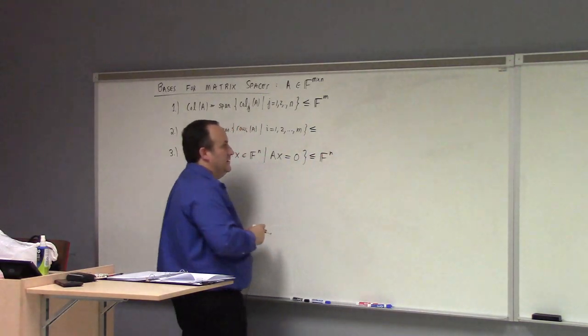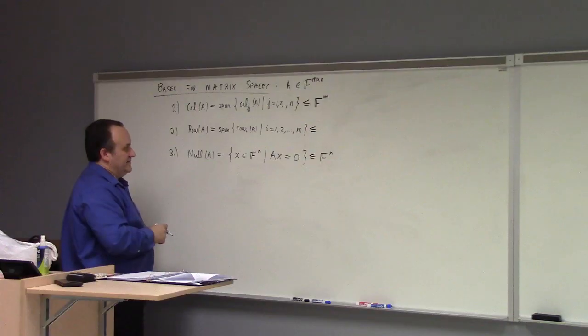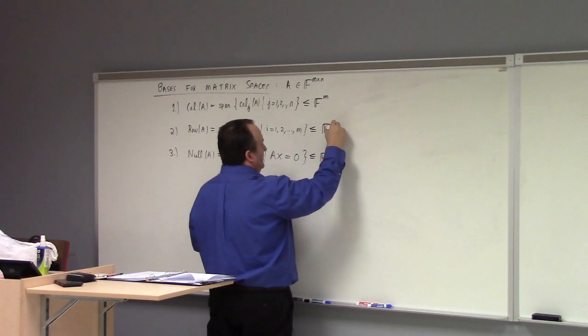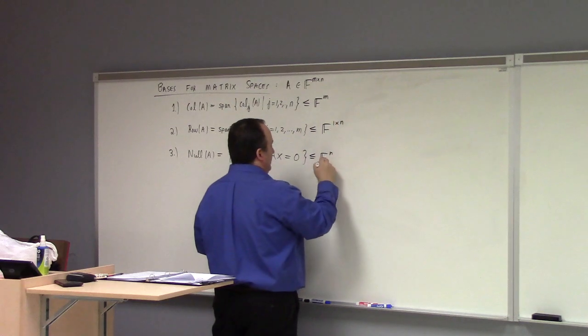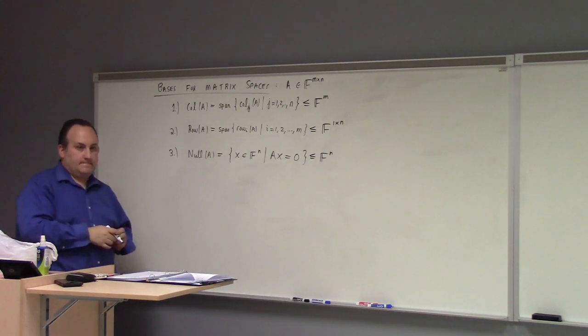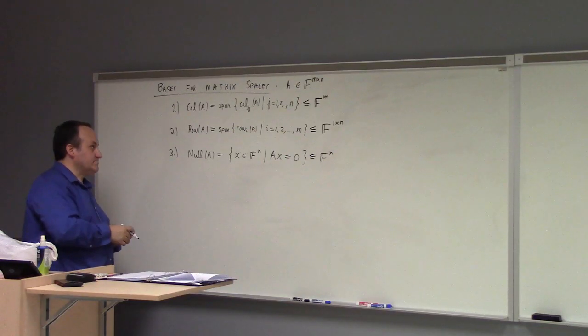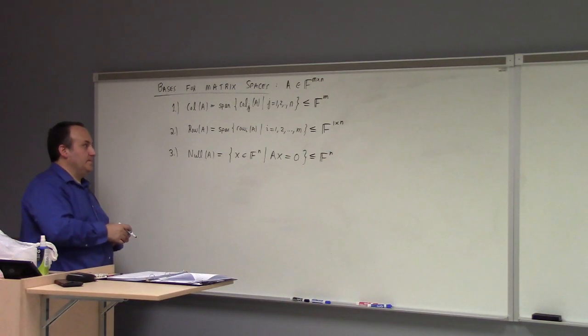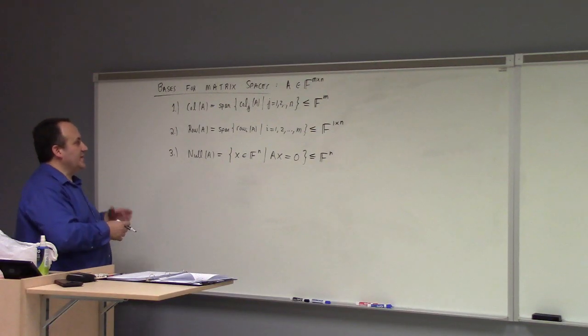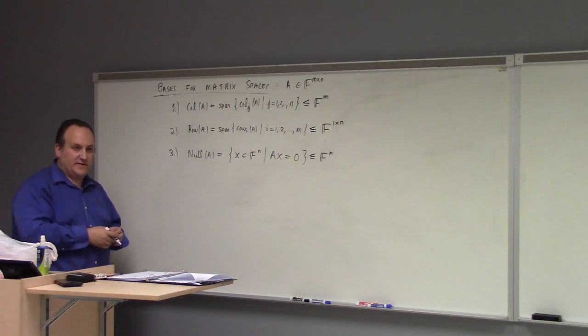And the row space is a subspace of F^(1 by n), one row by n columns. So these are the fundamental subspaces that we attach to a matrix.